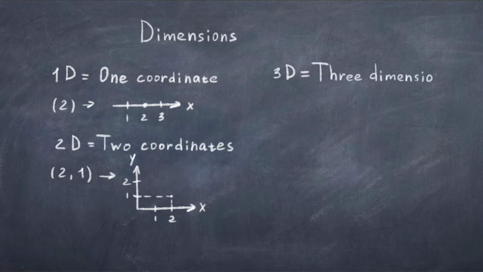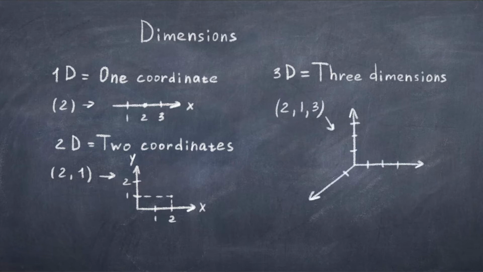In 3 dimensions, you would need 3 coordinates, and so on and so forth. But you may notice that because we live in a 3D space, our brain can't really comprehend a 4-dimensional space. But in mathematics, it's very simple. You just need to add one more coordinate for every point.